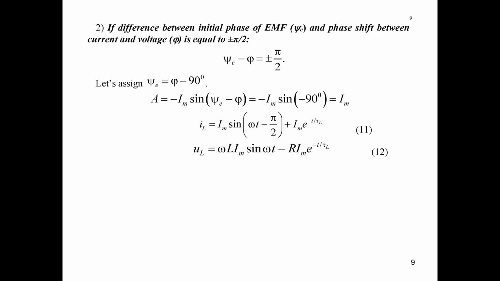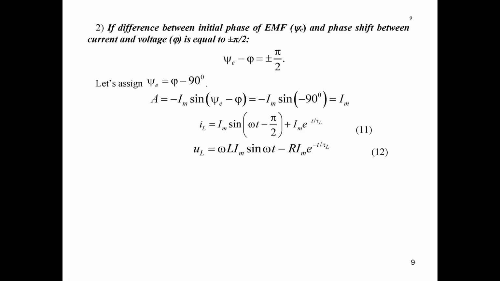We may consider it as the worst case, when difference between initial phase of applied AC EMF and this phi, which depends on properties of RL circuit, is equal to plus minus 90 degrees. So we have this shift between these angles, firstly equal to 0, and secondly equal to its maximum level, 90 degrees.